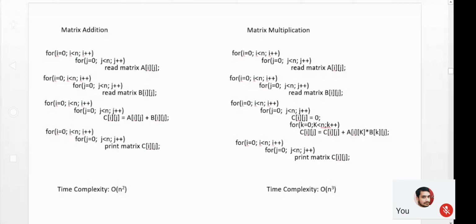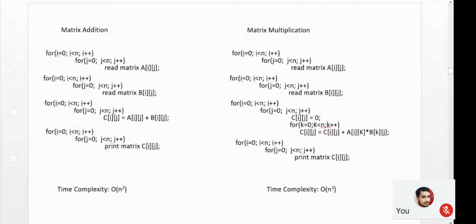So as a whole, n square plus n square plus n square plus n square, that means 4n square. But it may be n square or 4n square or 100n square or 1 million n square, asymptotically all are the same. That's why we can say the time complexity is order of n square.